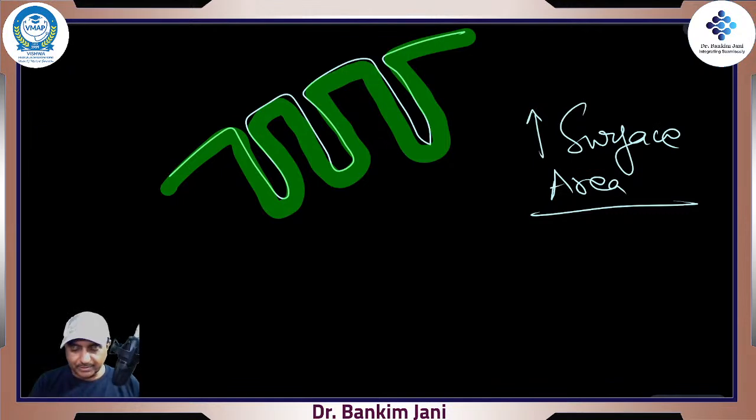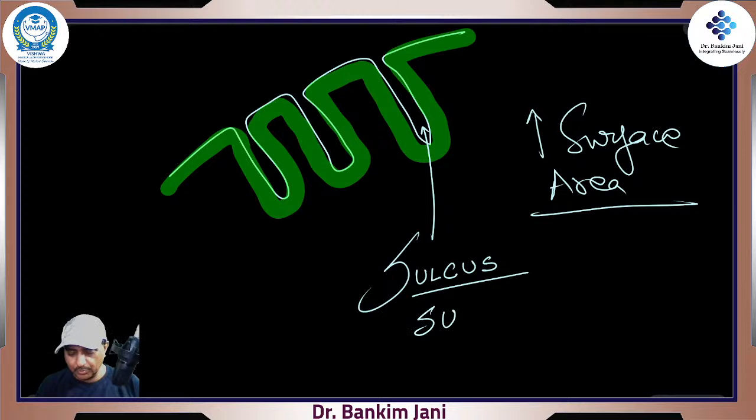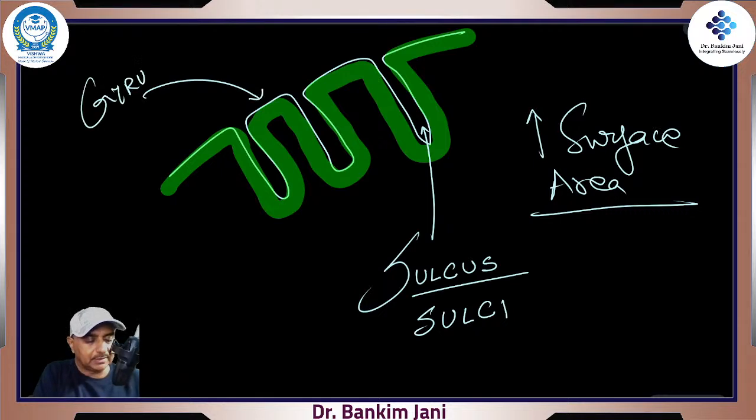These gaps are called the sulcus, plural sulci, and the prominence over here is called the gyrus or the gyri.